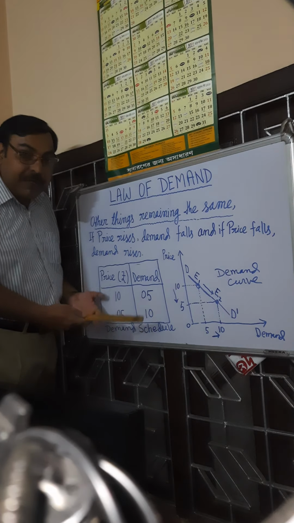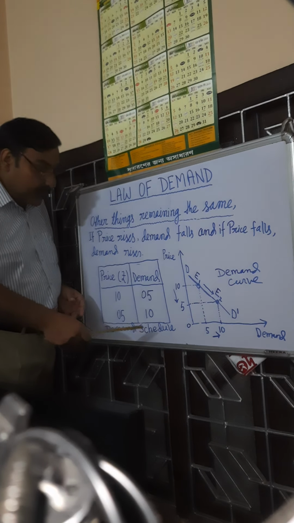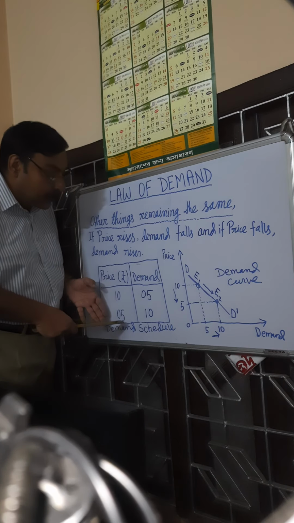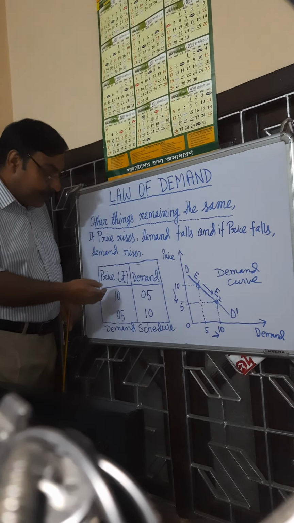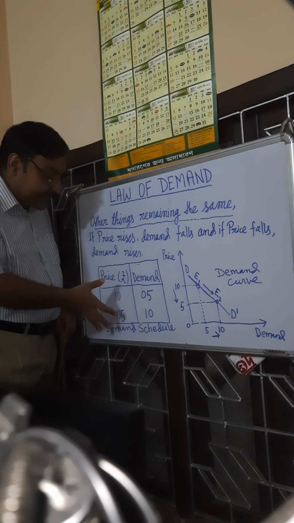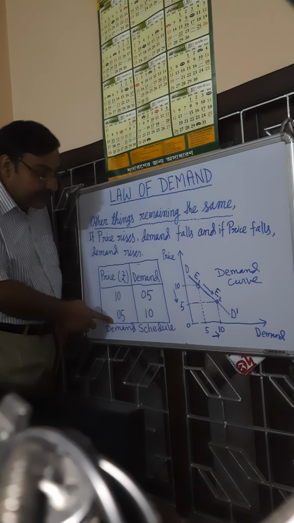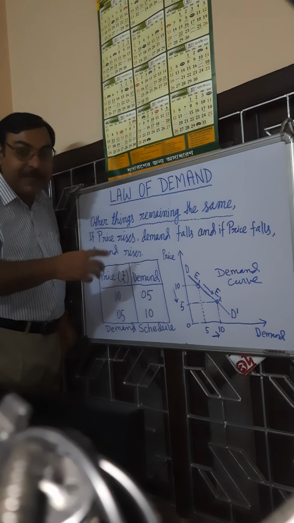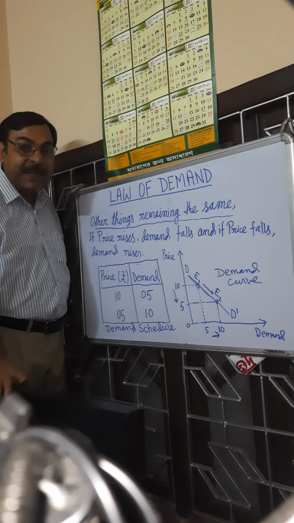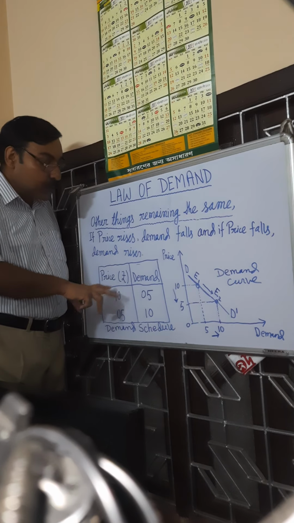A demand schedule is a two-column table. One column for price of the commodity, another column for demand for the commodity. This schedule exhibits that if price falls from rupees 10 to rupees 5, demand for the commodity rises from 5 units to 10 units.